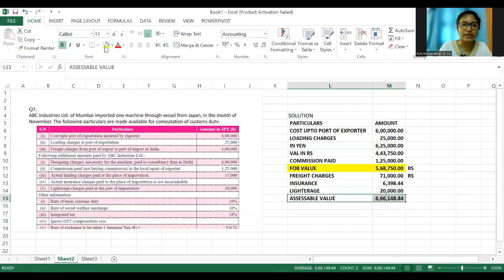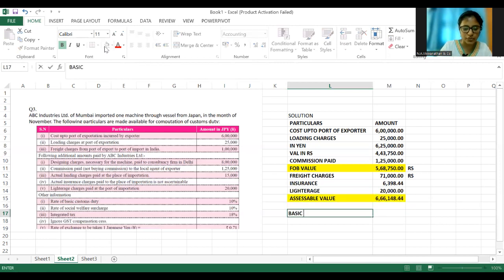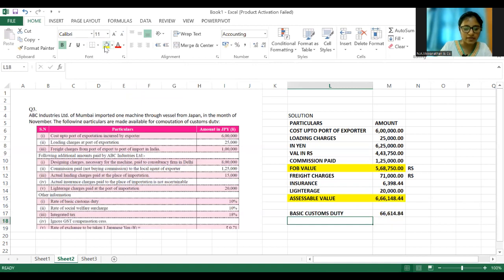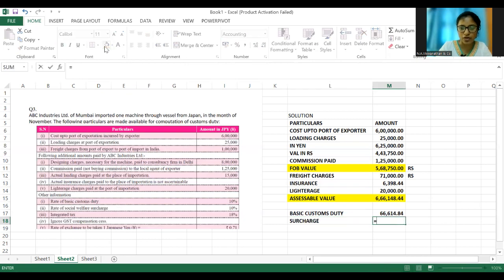Now we have arrived at the assessable value. So on this basic customs duty, this is 10% of our assessable value. Then surcharge, that is social welfare surcharge. Whether it's given in the question or not, we need to take 10% of the basic customs duty.